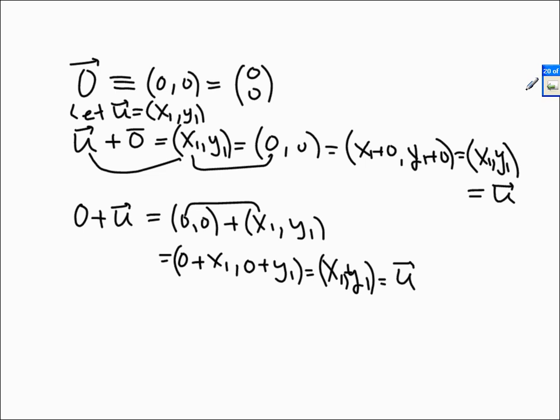That's u. Okay, so it doesn't matter whether you do 0 plus u or u plus 0, you get back u. And in a later section, we'll be talking about that in more detail when we start talking about vector spaces.